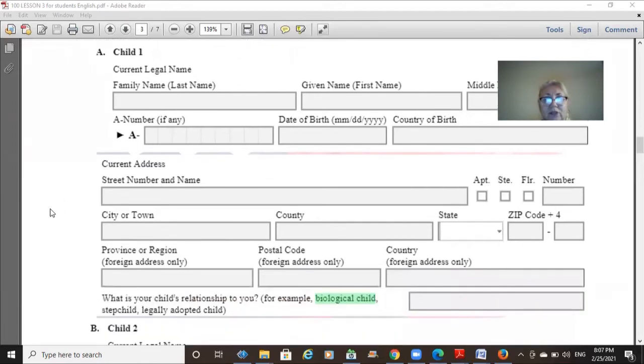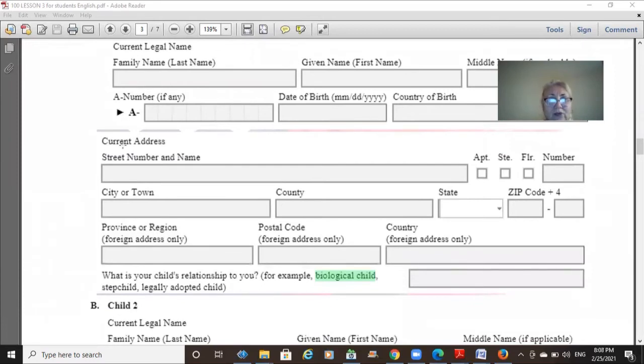And next question will be about the address where the child lives. So they may say, where does he or where does she live?